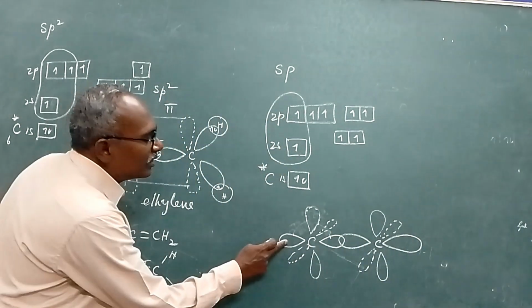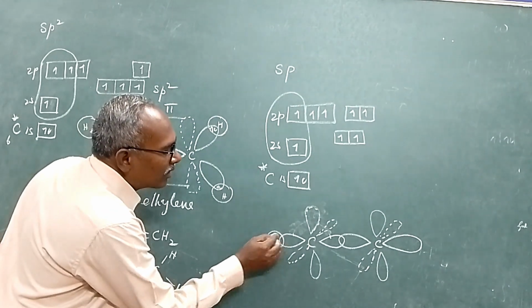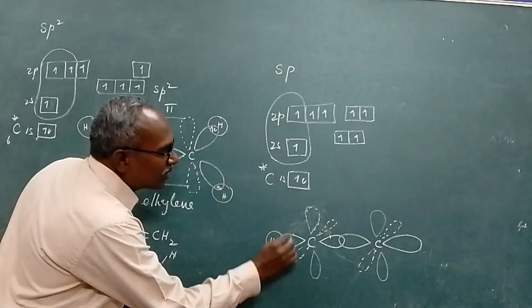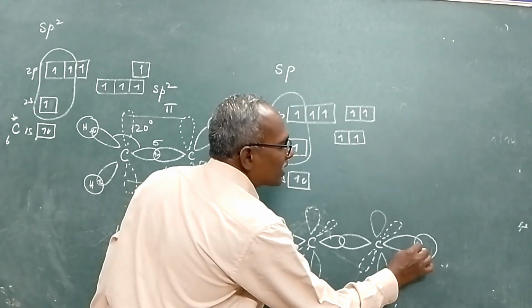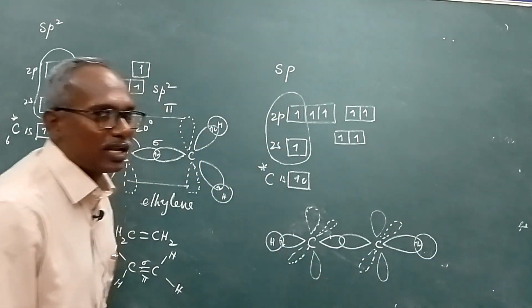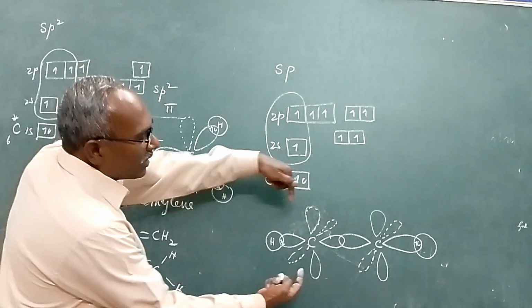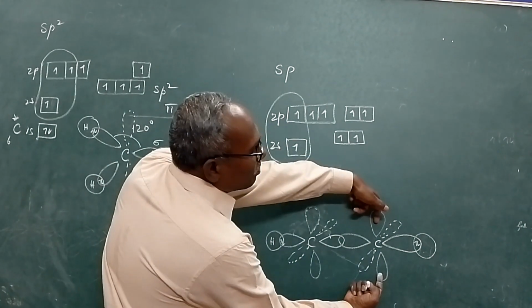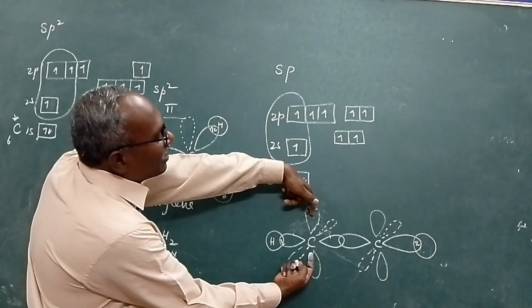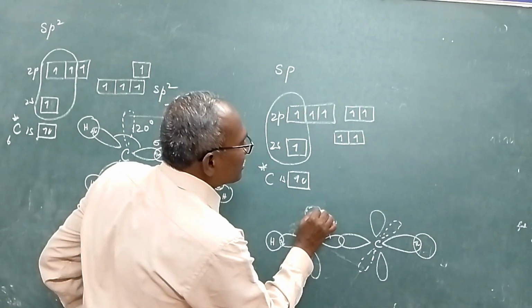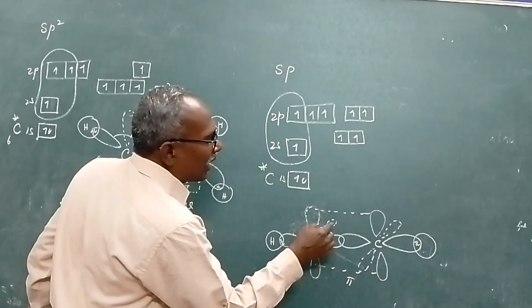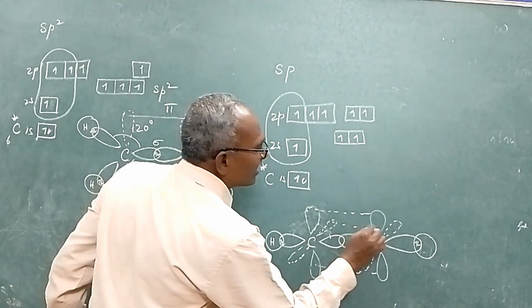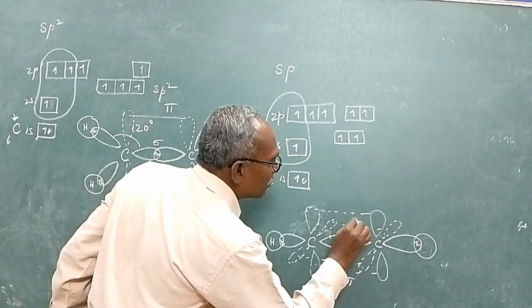Now this orbital can combine with a hydrogen with 1 electron in the 1s orbital, and this can combine with another hydrogen with 1 electron in the 1s orbital. But these 2 unhybridized p orbitals can have lateral overlap and form a pi bond, and these 2 lobes can form another pi bond.